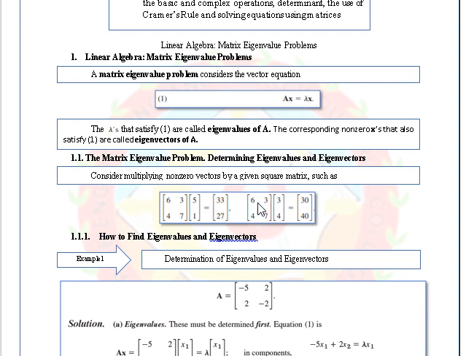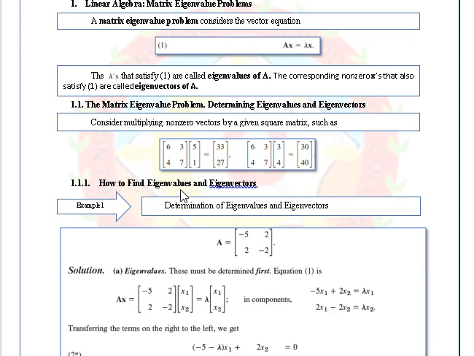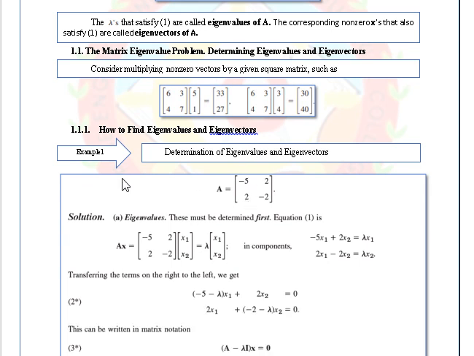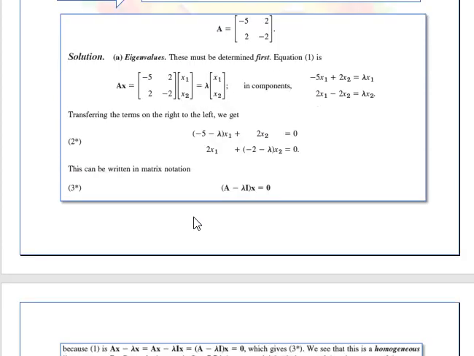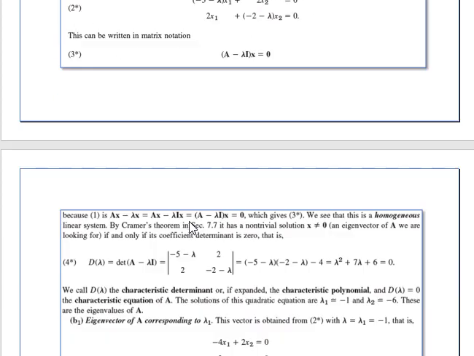You just have to follow that. Now, how to find the eigenvalues and eigenvectors? Instead of defining that, we must consider an example to surely understand the importance of the eigenvalues and eigenvectors problem.